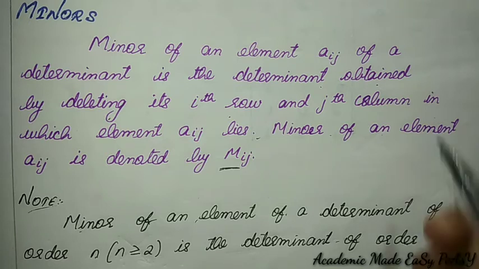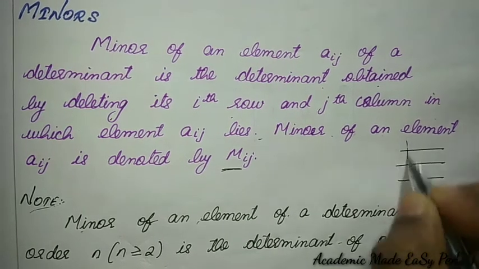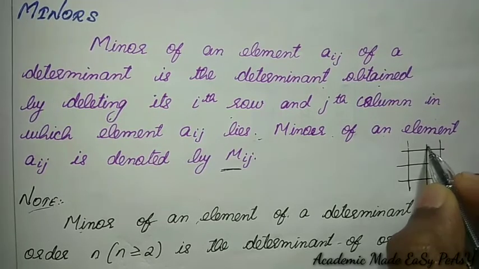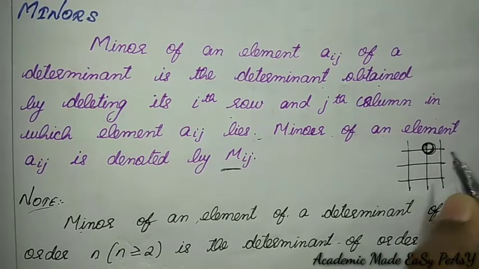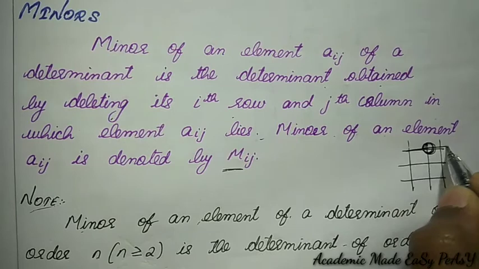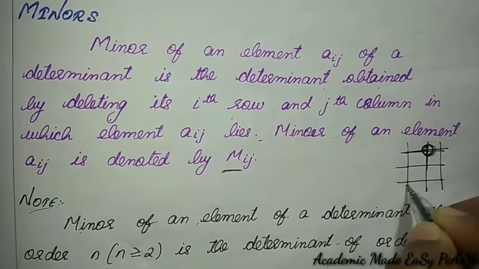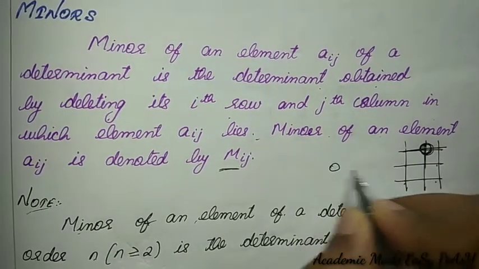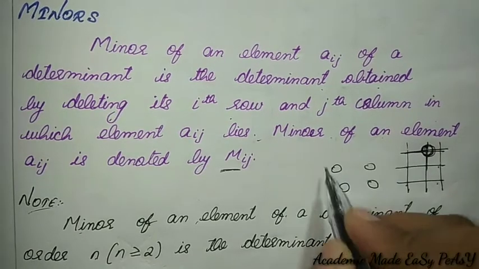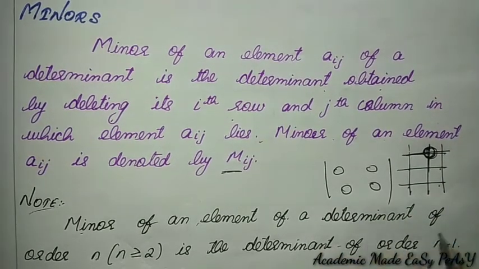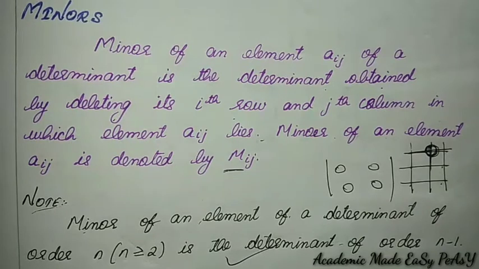That's what I said. No, for 3 by 3, no, we will be having 3 rows and 3 columns. For example, if I have to take this element, I will be leaving this row and this column. So I have 4 elements, so I have to take the determinant. No, that only is said over here.